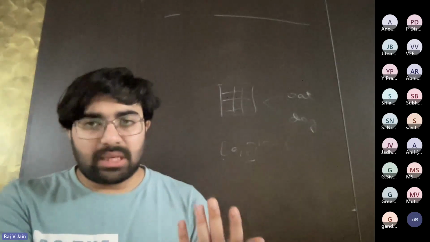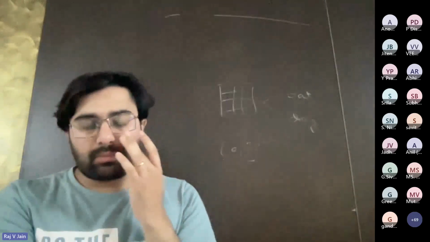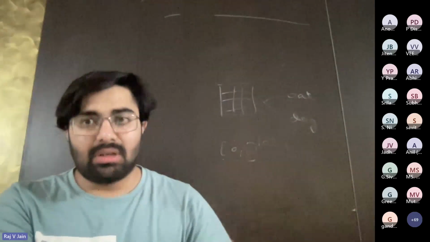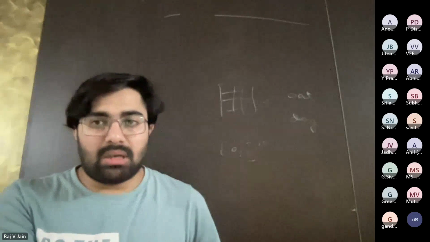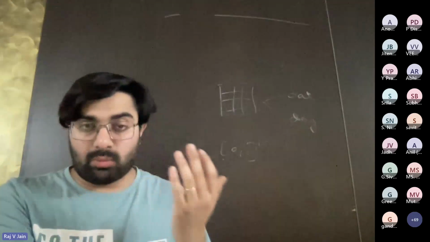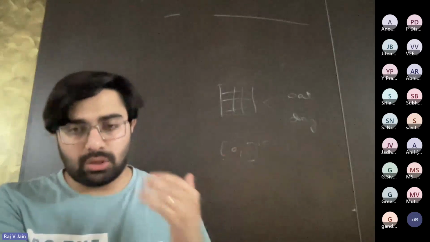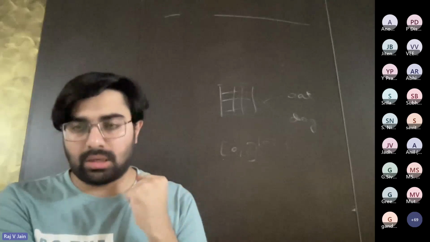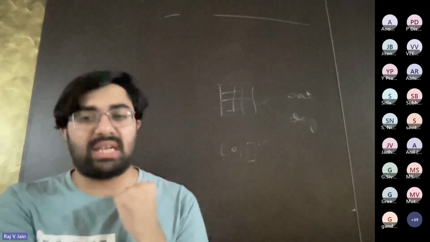So Boolean functions are basically functions which take Boolean inputs and give a Boolean output. One interesting thing about Boolean functions is that you can clearly understand how many possible functions can exist.